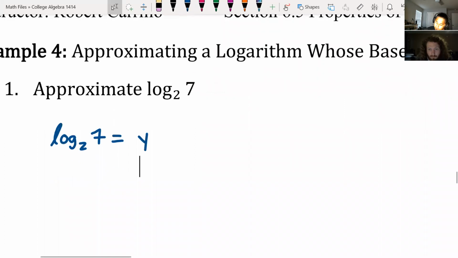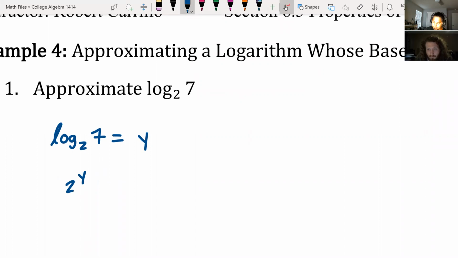So this will become 2 to the y equal to 7. But now we realize that we can't break 7 down into a base of 2 to use the exponential equality property.